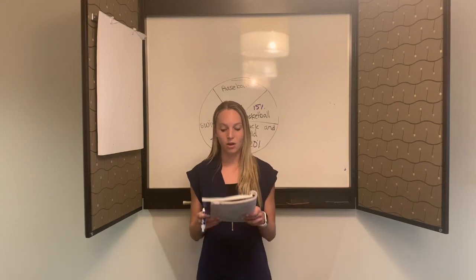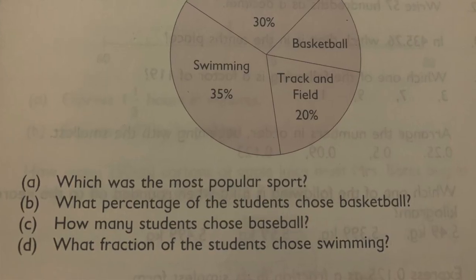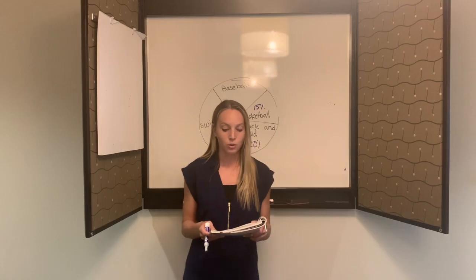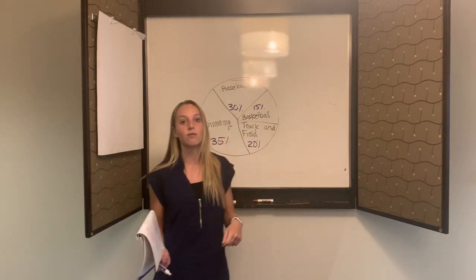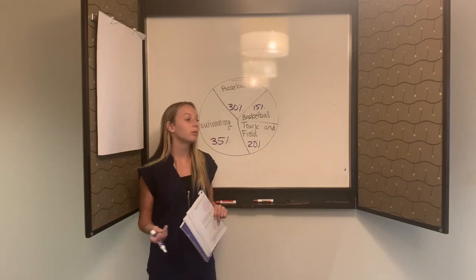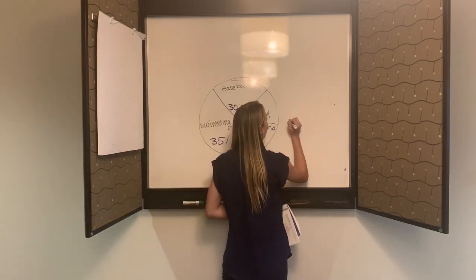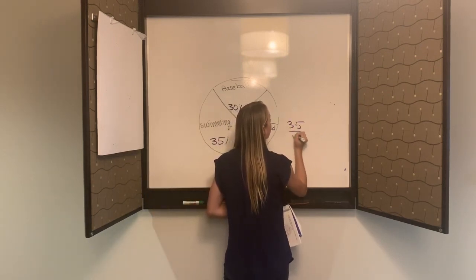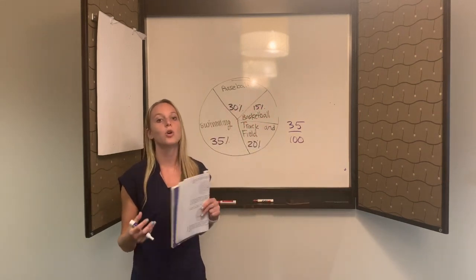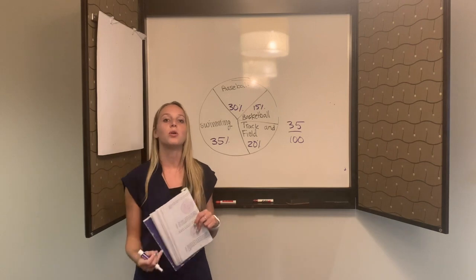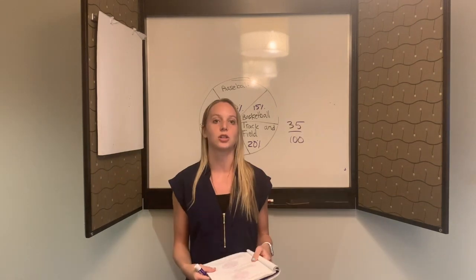D asks, what fraction of the students chose swimming? So we do know the percentage, which is 35%, but now it's asking for a fraction. So what we would do is put 35 over 100. And like I have said previously with pie charts, we always need to have the most simplified fraction for these.